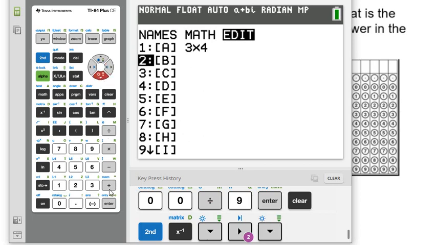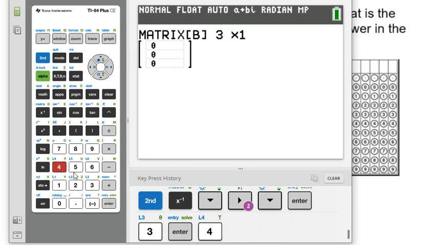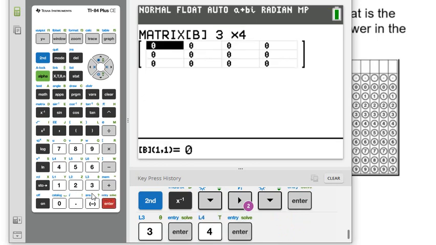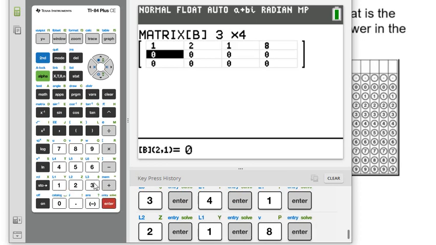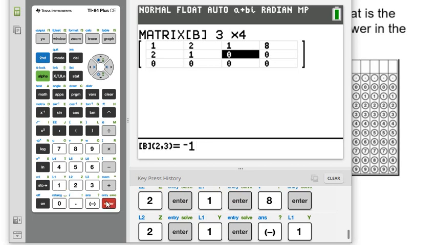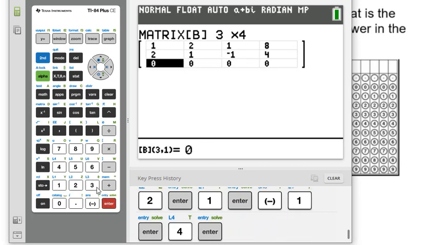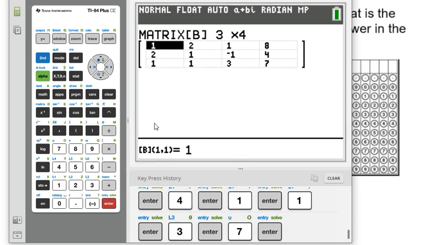I'm going to go down to enter second matrix B, and I'm going to have a 3 by 4 matrix, and just enter these numbers in here, which are 1, 2, 1, 8, and then we have 2, 1, negative 1, 4, and finally the last row is going to be 1, 1, 3, 7. So we've entered that.